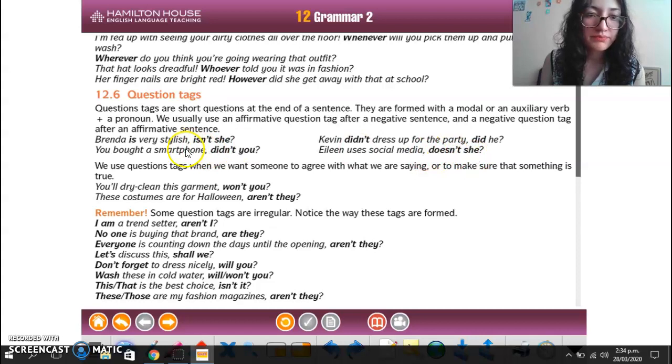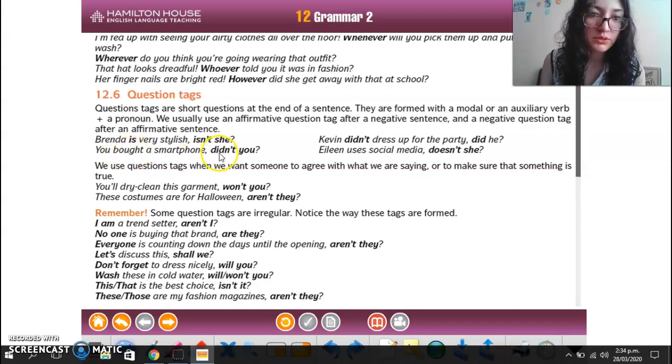As we can see here, the verb of this sentence is the same verb in this question tag. Here, for example, in the question tag we have the same auxiliary, but in this sentence there isn't an auxiliary or a modal, just the verb in past.